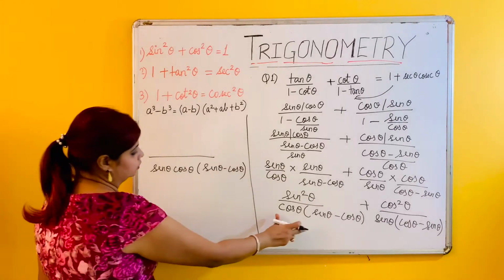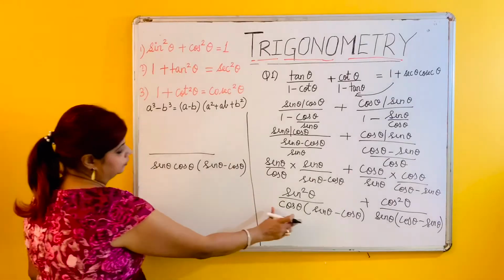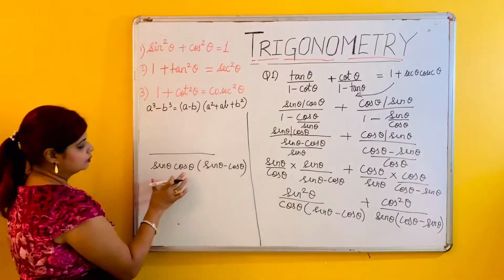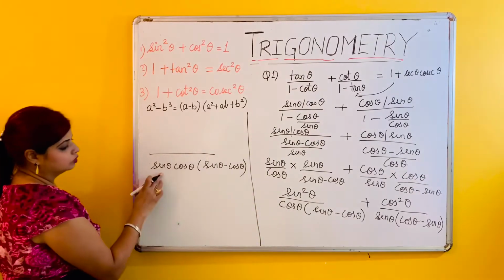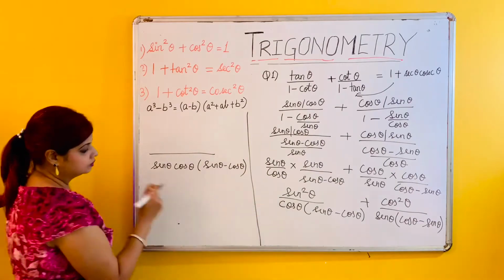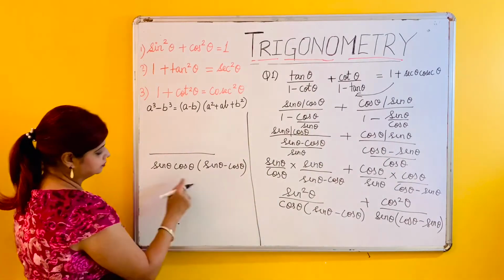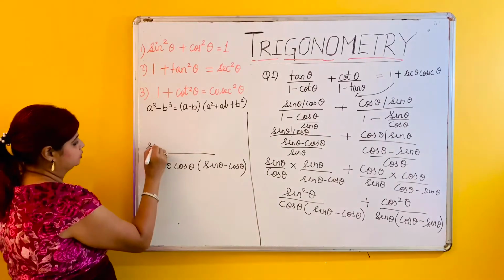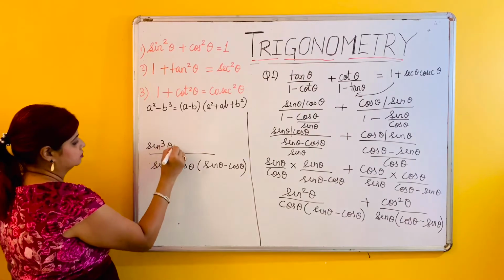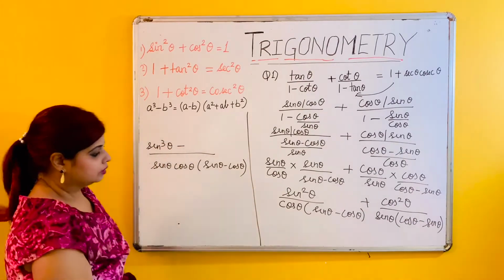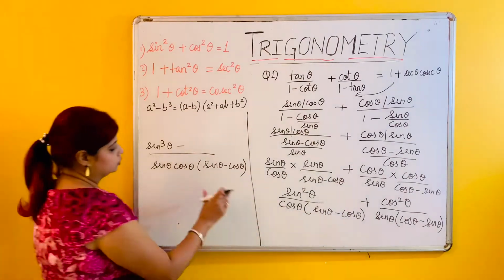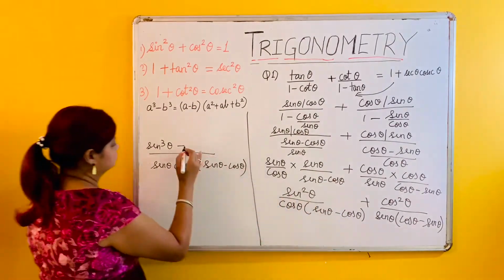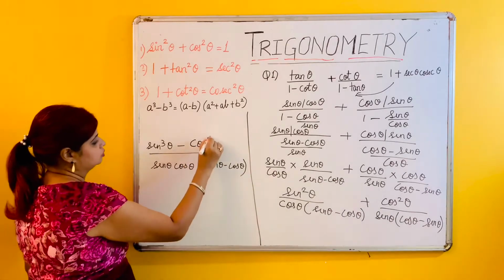Now simplifying this, sine will get multiplied here, so it is sine cube theta minus, now it is cos theta minus sine theta, so the denominator here is minus cos theta, so here it will be minus cos cube theta.